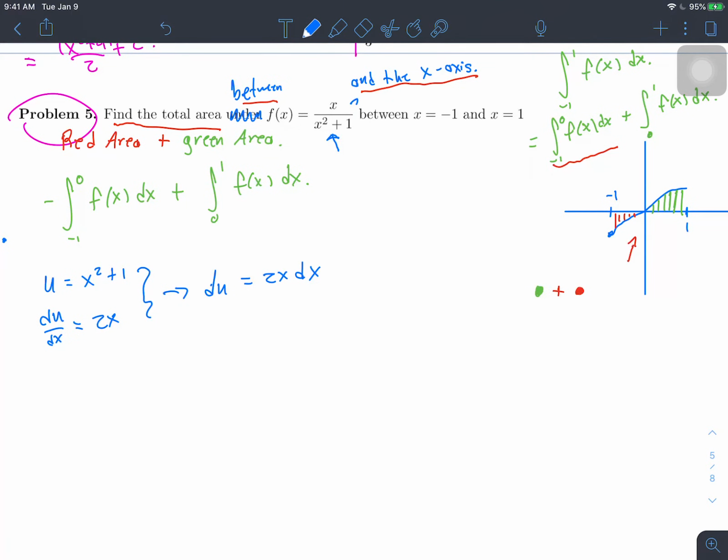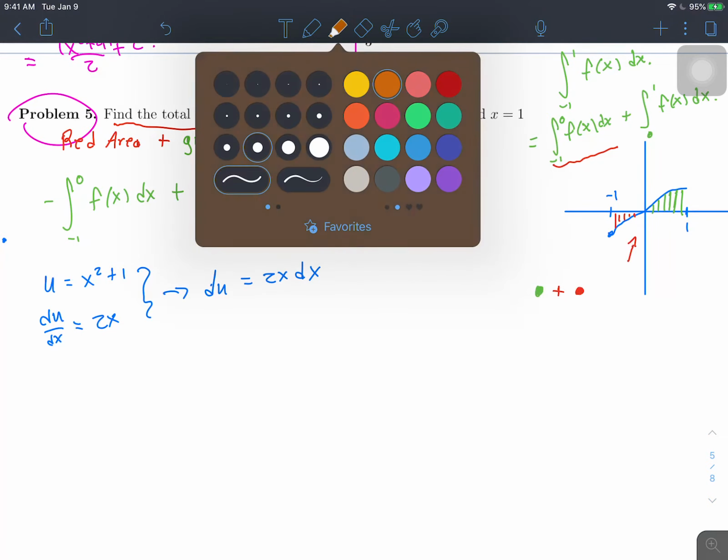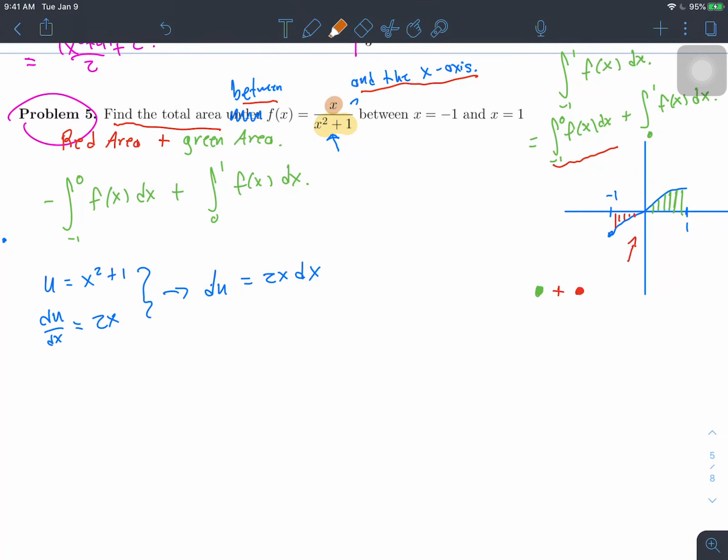Now f of x is x over x squared plus 1, which looks like 1 over u, where the u is the denominator, and my leftover is going to be x dx. So I need to solve the right-hand side of this du equation to look like x dx. So I'll move the 2 over to the other side, 1/2 du, that's what x dx is.